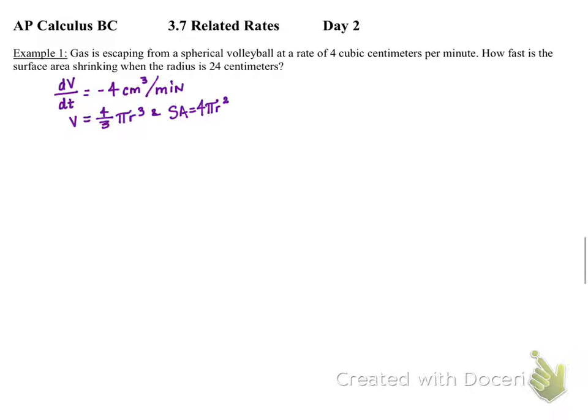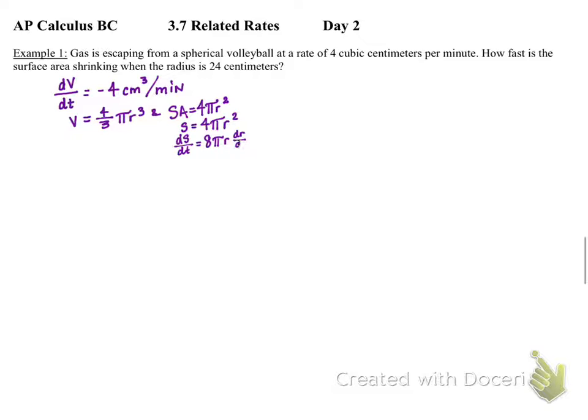It's asking how fast the surface area is shrinking when the radius is 24 centimeters. So we want dS/dt, but in order to figure out what dS/dt is, we need dr/dt.